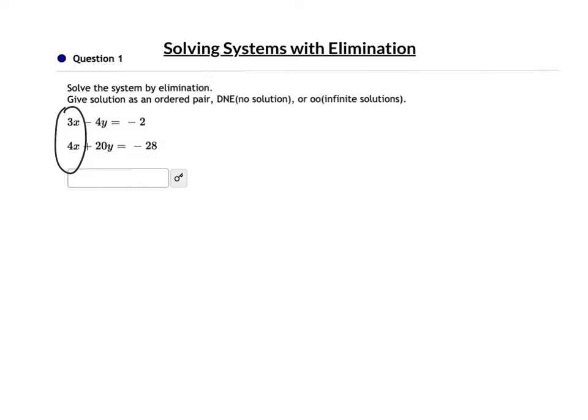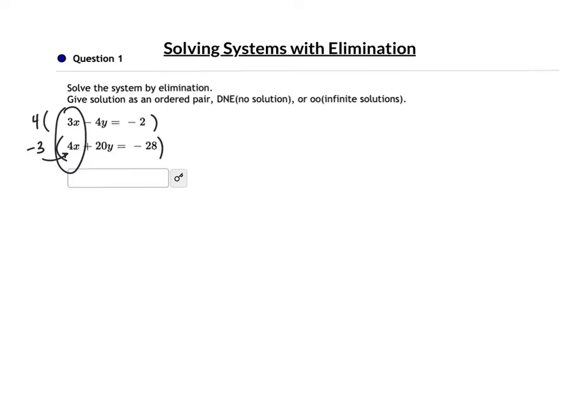To do that, I would take the top equation and multiply it by 4, because 4 times 3 would be 12. And then I take the bottom equation and multiply it by 3, because 3 times 4 makes 12. Now I said I want opposites, so instead of 3, I'd probably use negative 3.